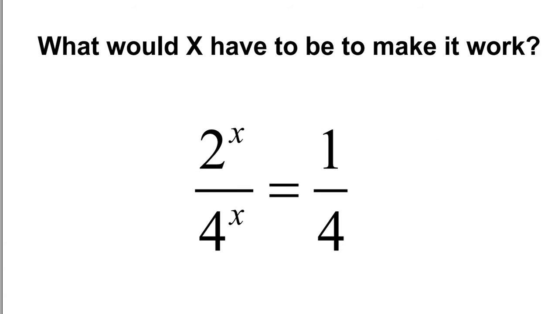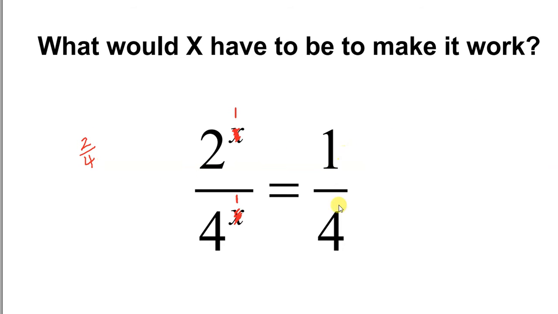What would x have to be to make this work? Well, we can do guess and check a little bit. Let's say that x isn't here anymore. This is gone, and we'll put in a 1. Now, it's x and x, so it has to be a 1 in both locations. So I have 2 over 4.